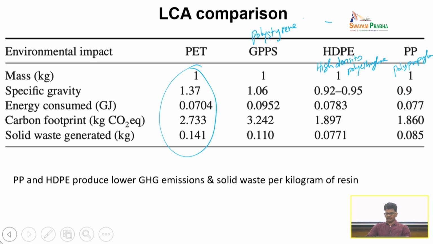Just like how I showed for PET the details of energy, solid waste and emissions, the same thing is done for the other three, and we are comparing here. Here we are comparing based on 1 kilogram of each resin. Specific gravity basically means the density, which is specific to each polymer.